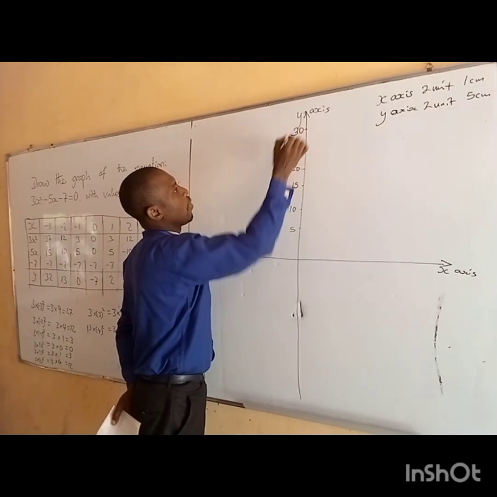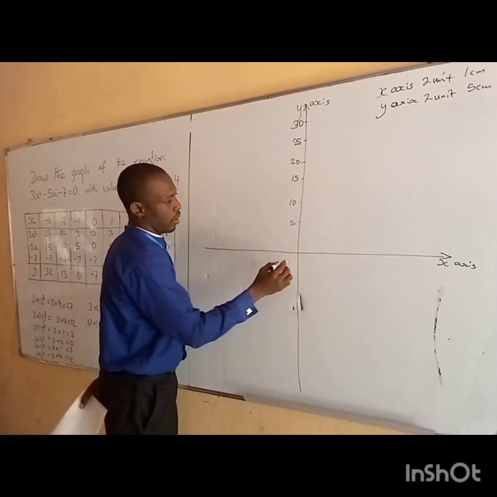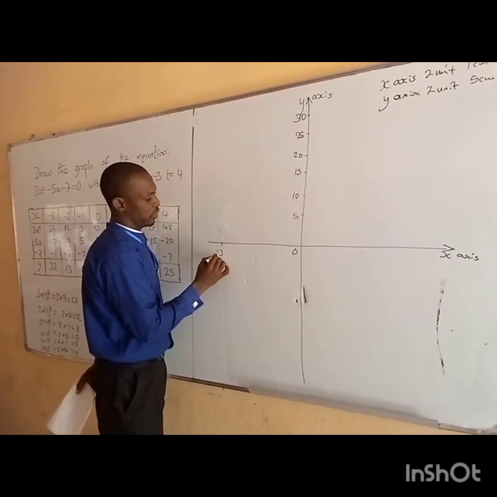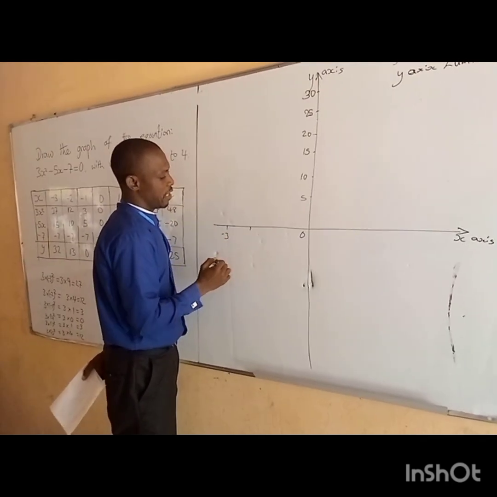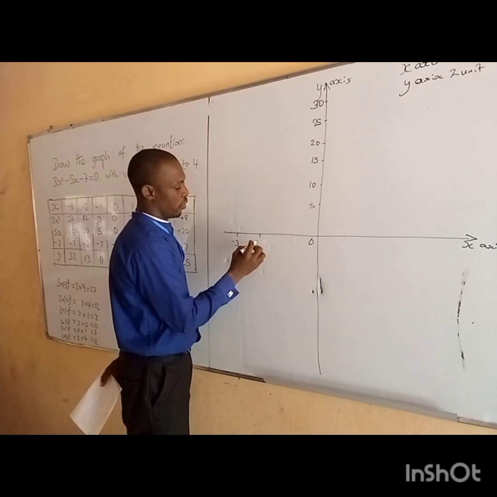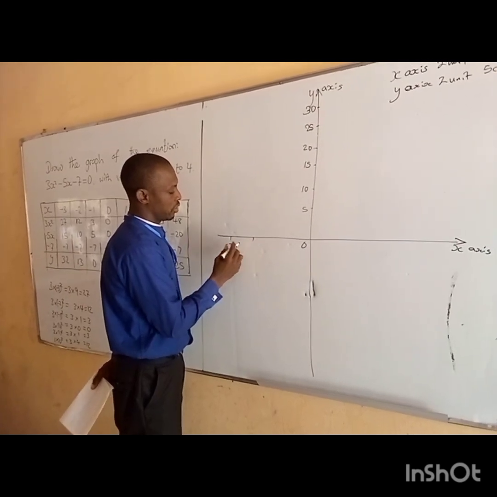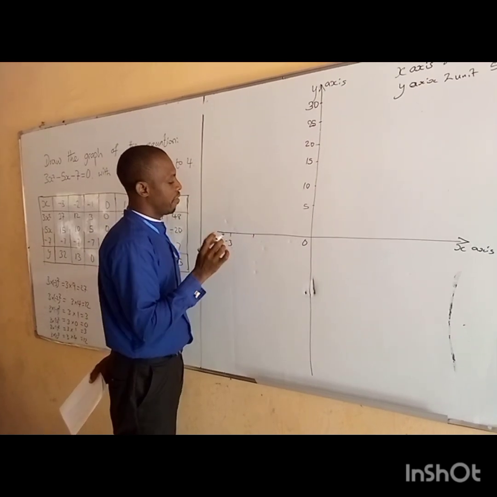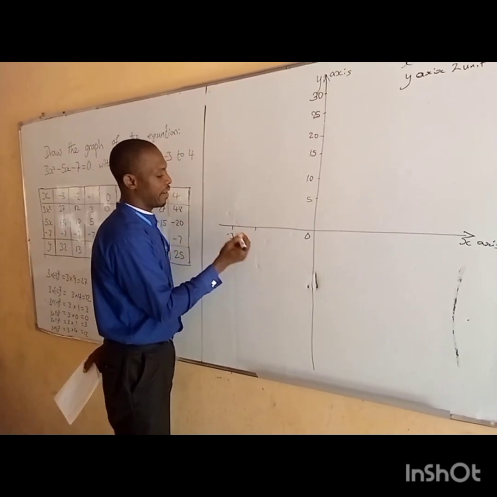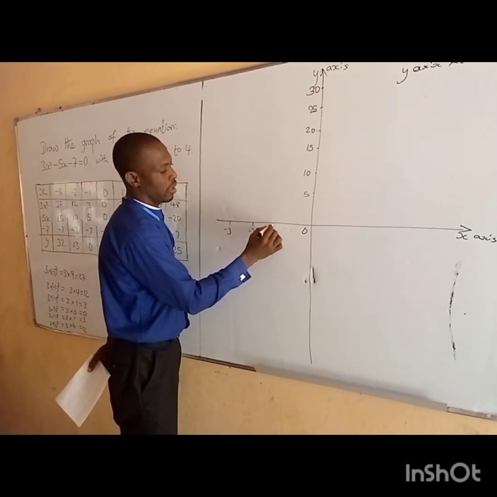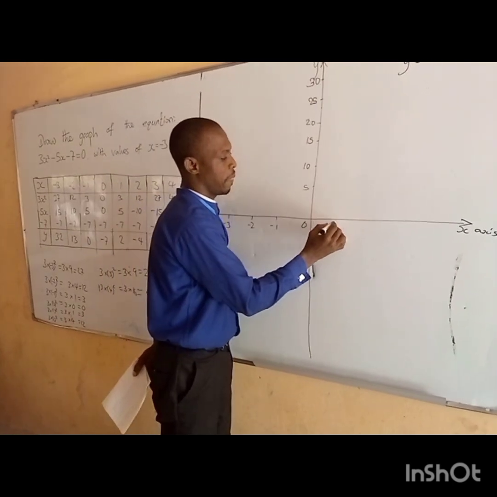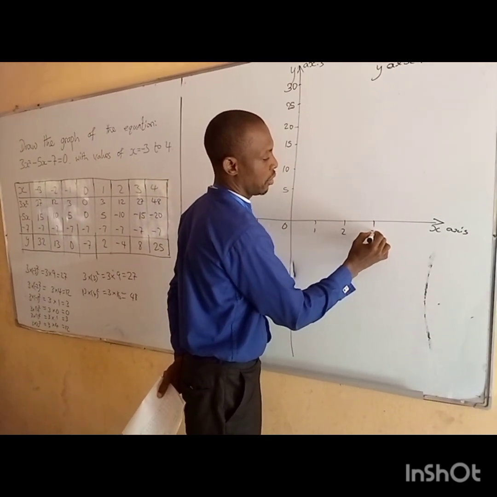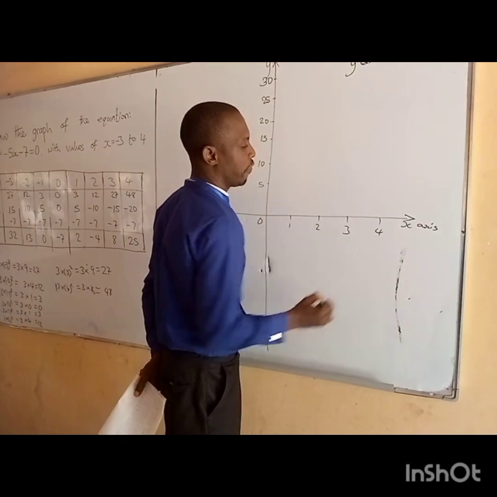So the middle is always 0. And then here we have minus 3 after each of the 2 units, which is 10 boxes. Each unit carries 5 boxes. The 2 units carry 10 boxes. So this is 2. This is minus 1. This is 1. This 2, 3, and 4.